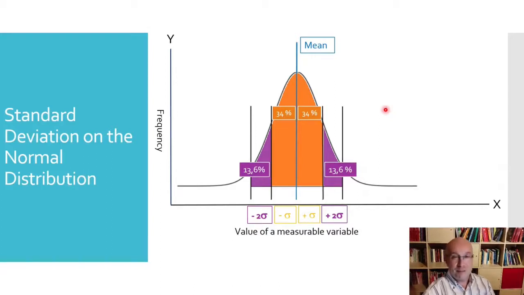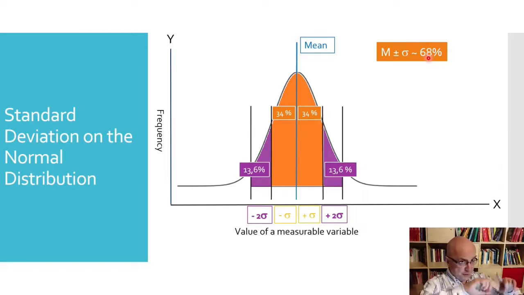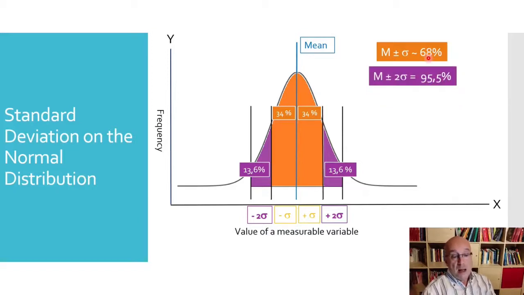of 95.5%. And the summary is here. So the mean plus minus 1 standard deviation is around 68% of the data of the entire set of data of the normal distribution, which is an infinite number for an ideal normal distribution.